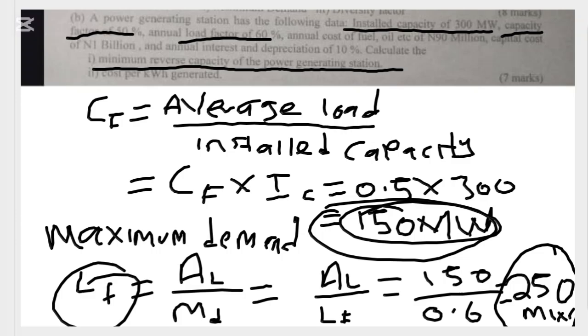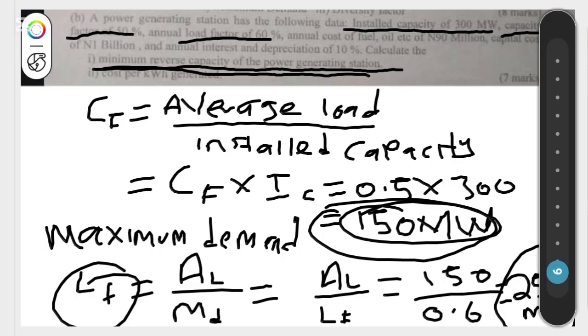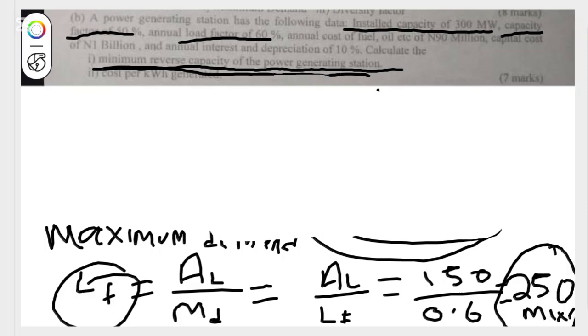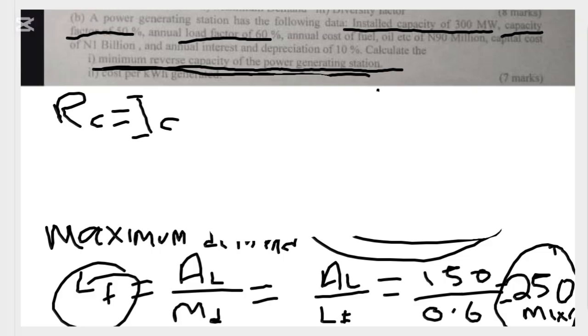So the next thing, I'm going to find the reserve capacity of the power generating station. The reserve capacity is the same thing as the installed capacity minus the maximum demand.